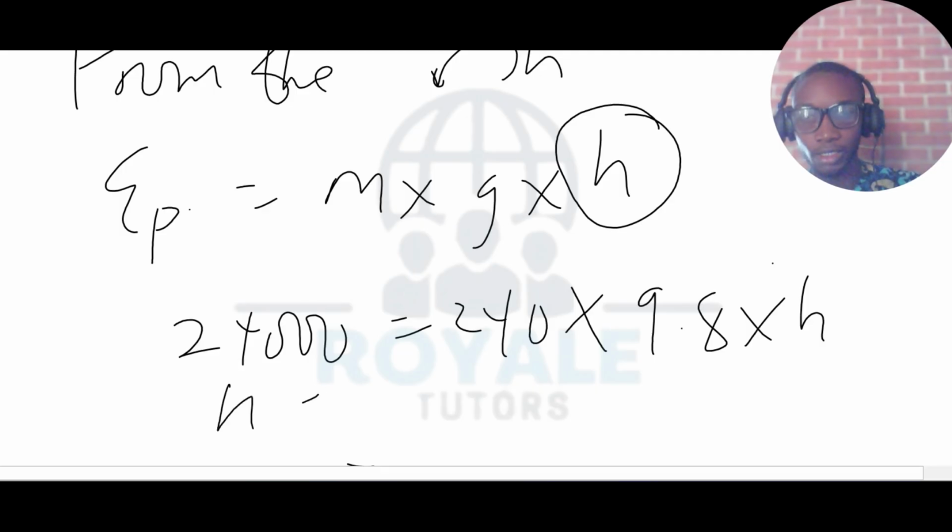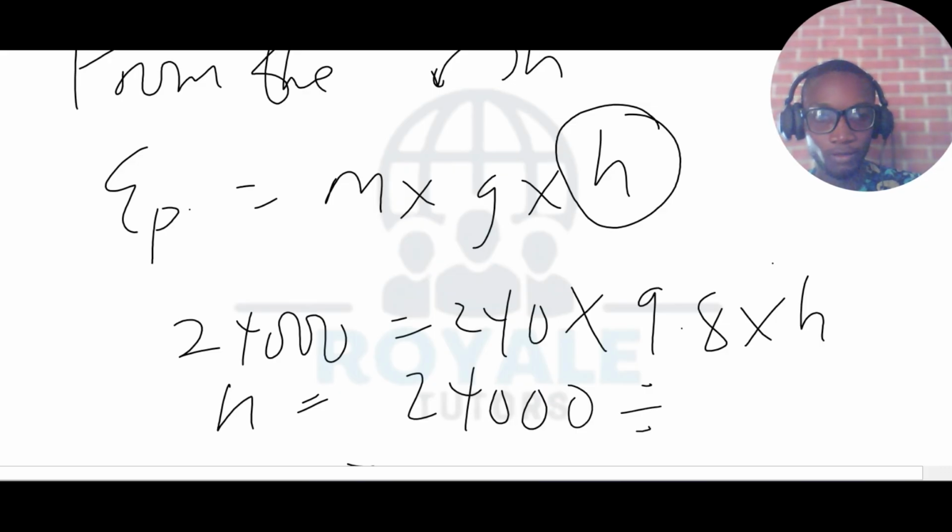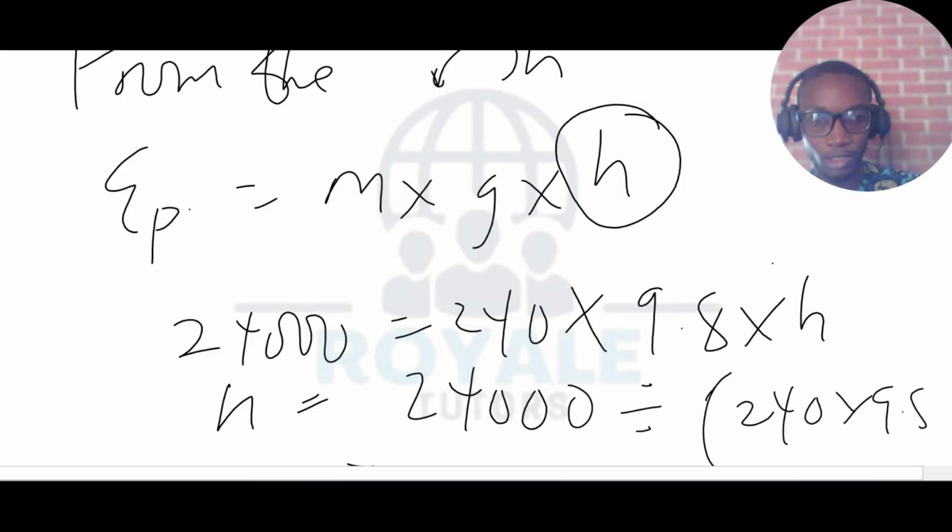So h is equal to 24,000 divided by 240 times 9.8. So we first have to find out what 240 times 9.8 is. You just have to check that in the calculator; it is 2352.